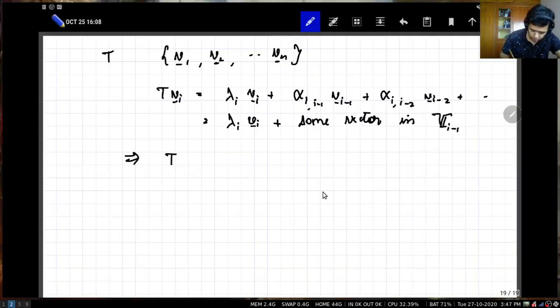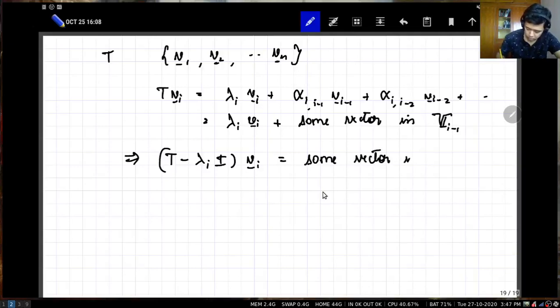So if we rewrite this, if I take the lambda i Vi on the left hand side, then this is just the same as T minus lambda i times Vi is some vector in Vi minus 1, right?